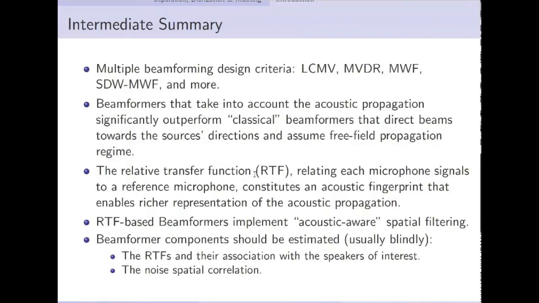We also established the relative transfer function, which is nothing but the ratio between the transfer function of 2 microphones, or of one microphone towards one of the reference microphones. We already mentioned that we can blindly estimate it from the data, and that we have a plethora of algorithms that can do it. We will specifically discuss one of the algorithms later today.